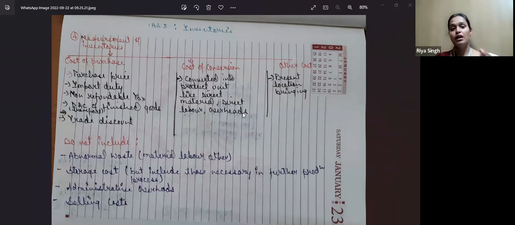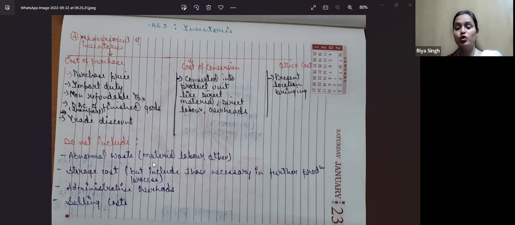Now, in calculating the cost of inventories, some items are there which we should not take. Some amounts are there which we should not add at the time of calculation of cost of inventories. What are these costs? First is abnormal waste, in terms of material or labor, or any other.